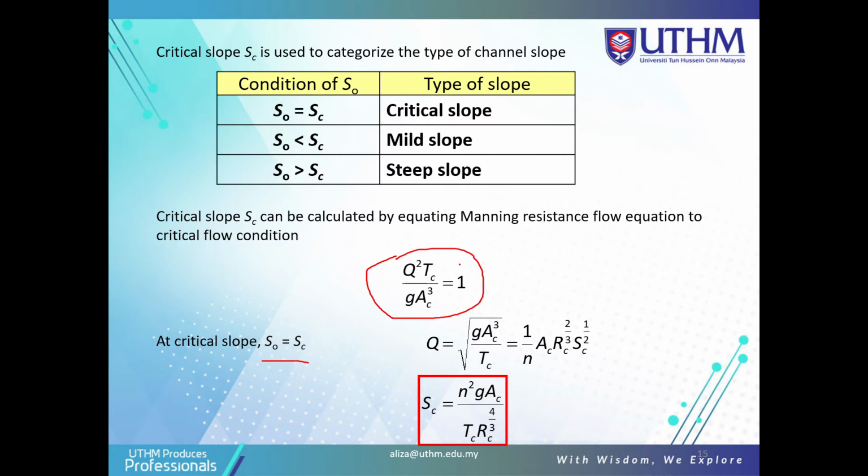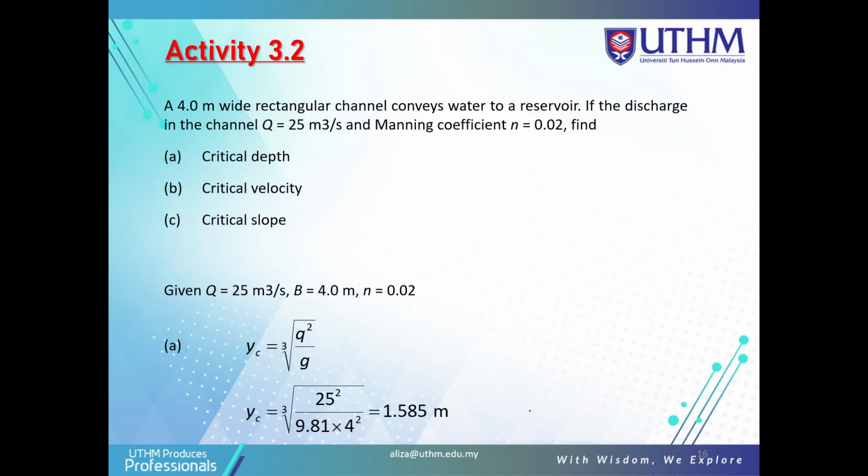Don't worry, we just use this formula for critical slope. Actually, for this critical slope, the formula will be given in your test or in your final. So this is the critical slope based on Manning resistance.